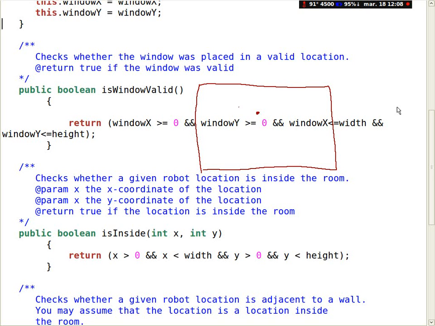Here should be my window. Is that a good window? No. But it's greater or equal than 0 and less equal width and height. So it fulfills the condition here.